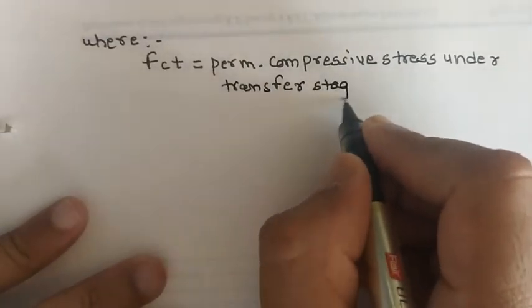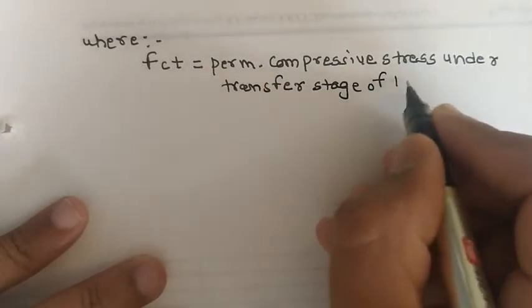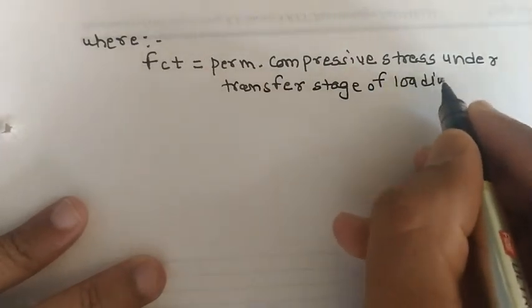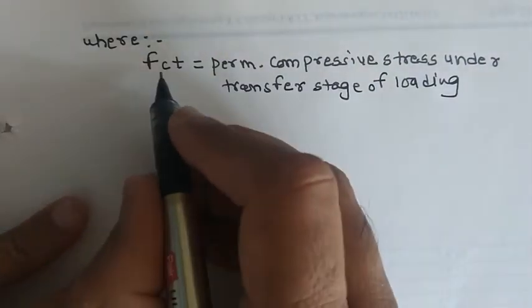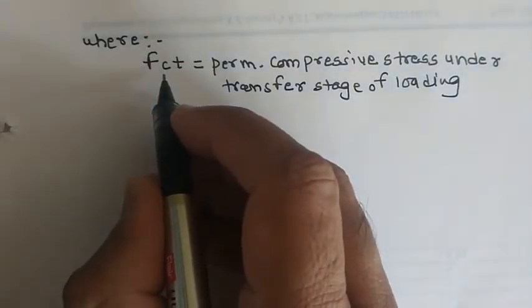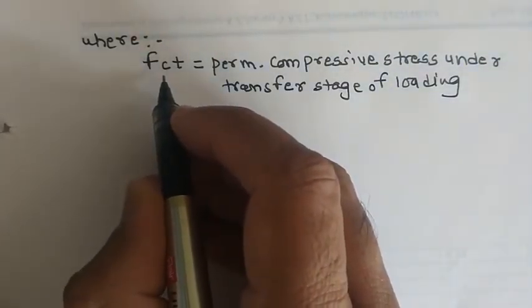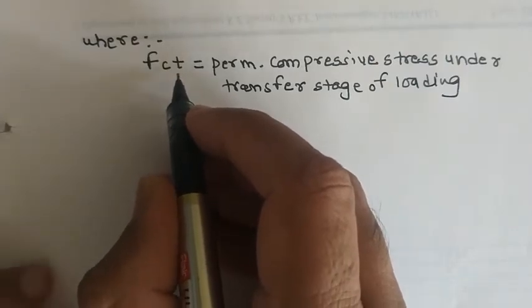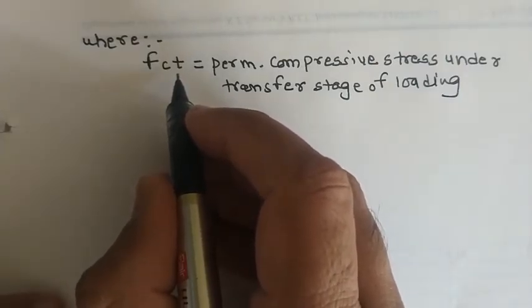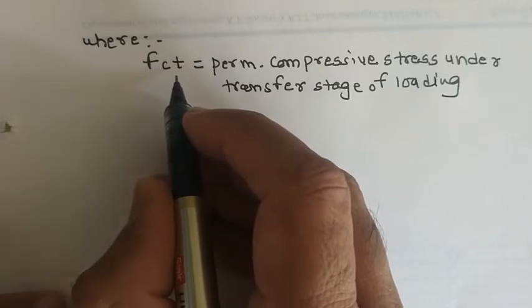The first letter indicates the nature of the stress, and the second letter is for the stage of loading of the beam.